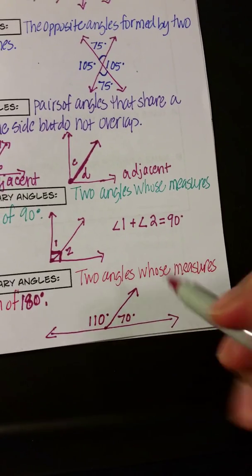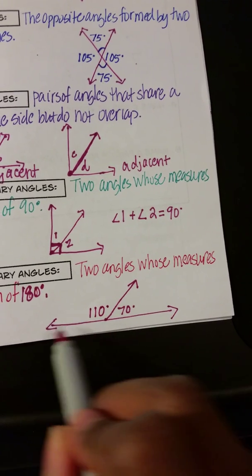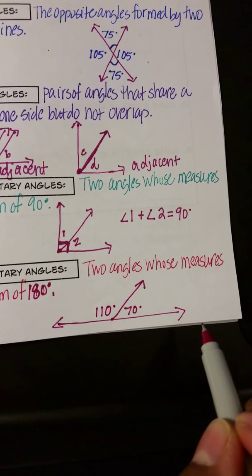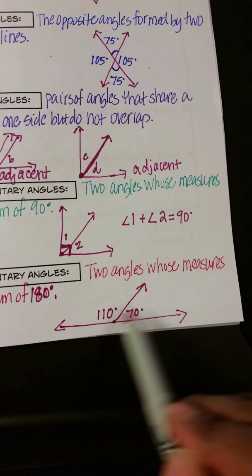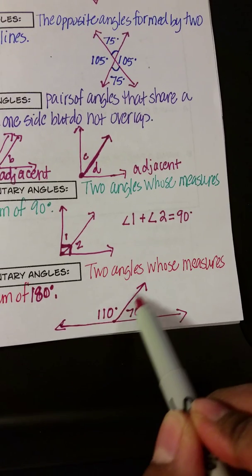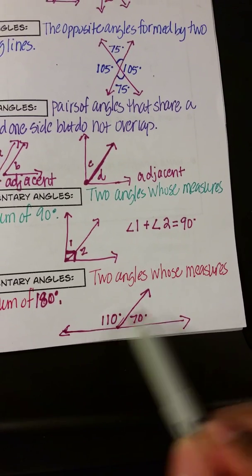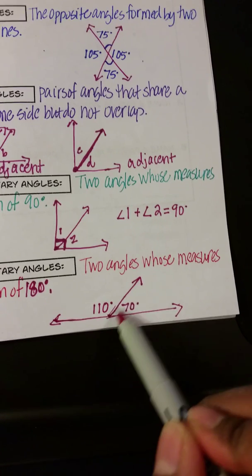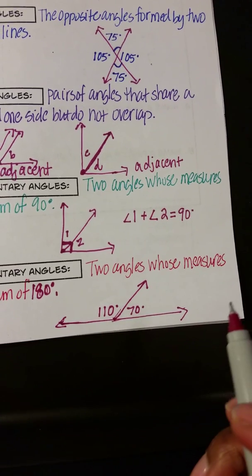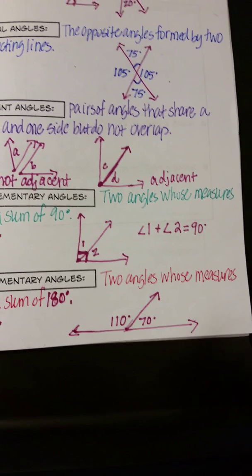So 110 plus 70 gives me 180 degrees. These two angles, this obtuse angle and this acute angle, are supplementary and equal to 180 degrees.